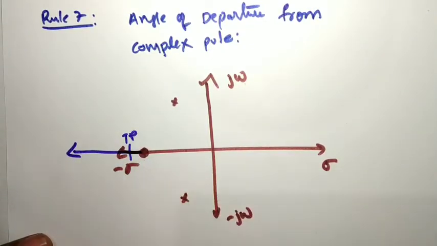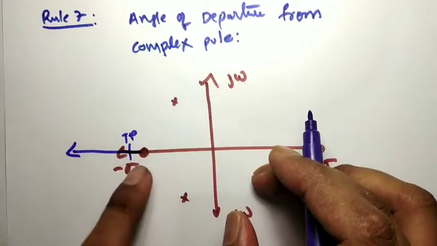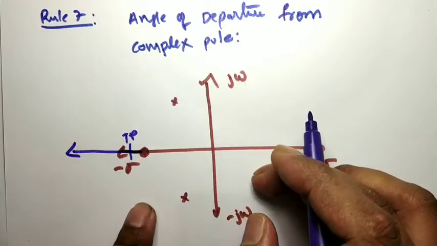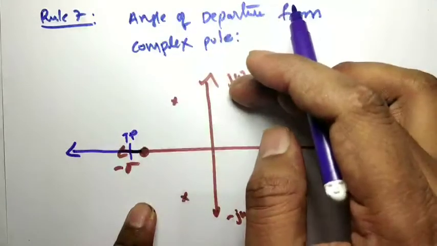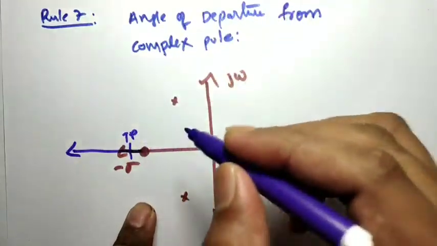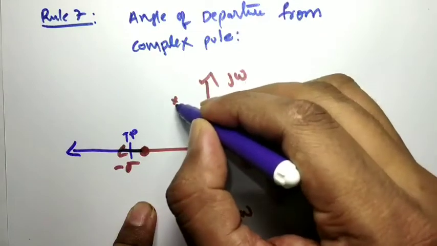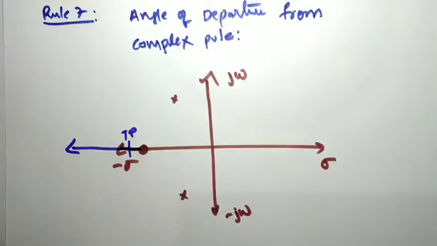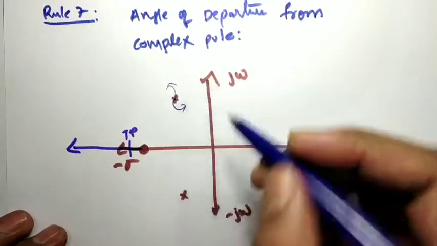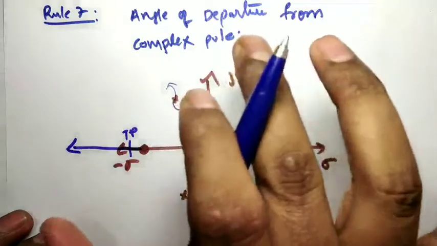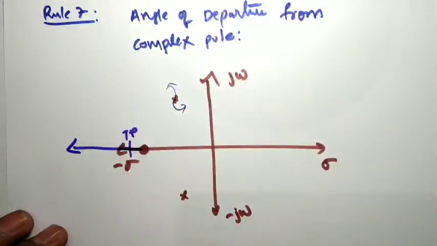Now, for increasing k, in which direction will the root depart? We have to find the direction, and to find that we have a formula.